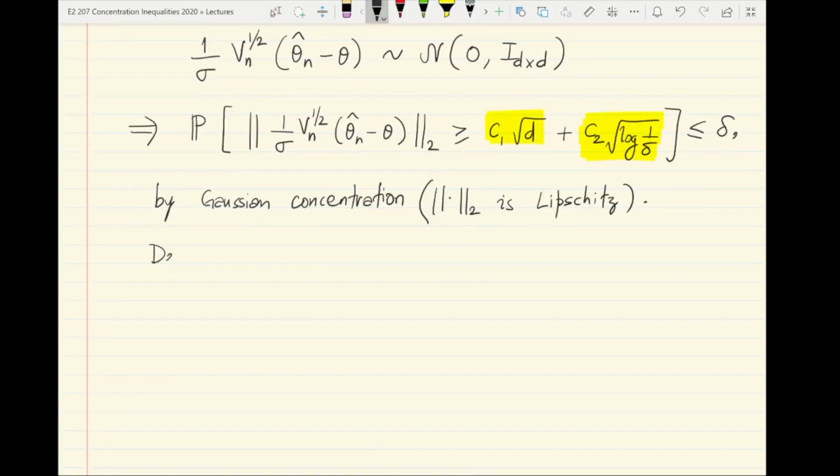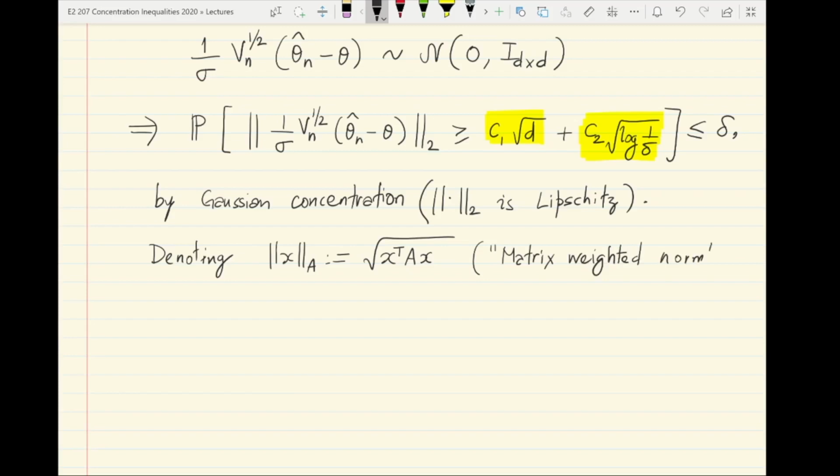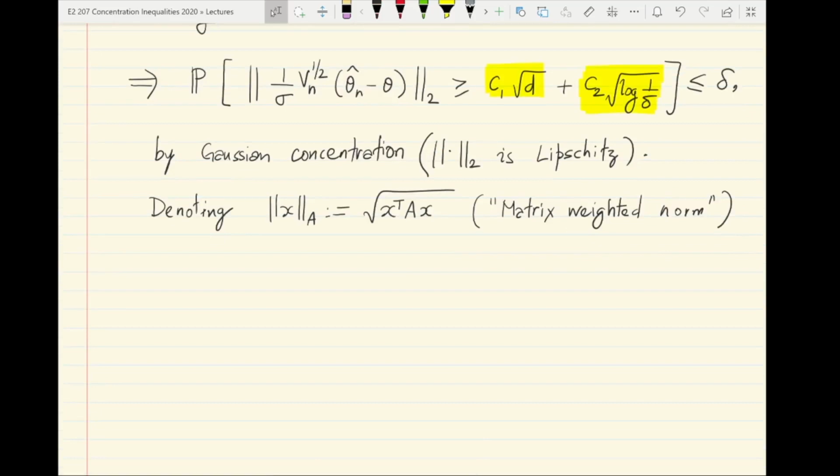Let's denote by the norm of x subscript A the square root of x transpose A x. When A is a positive definite matrix, this is often called the matrix weighted Euclidean norm. If A is the identity matrix, then you get the standard Euclidean norm.